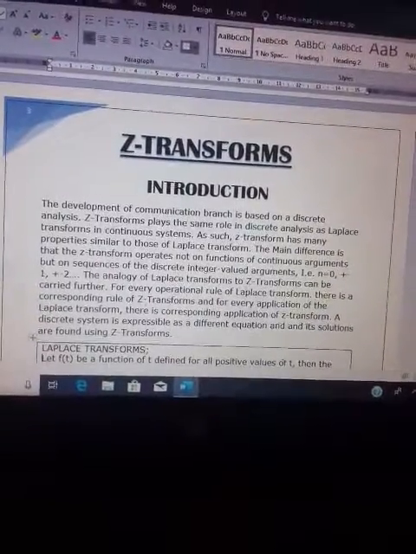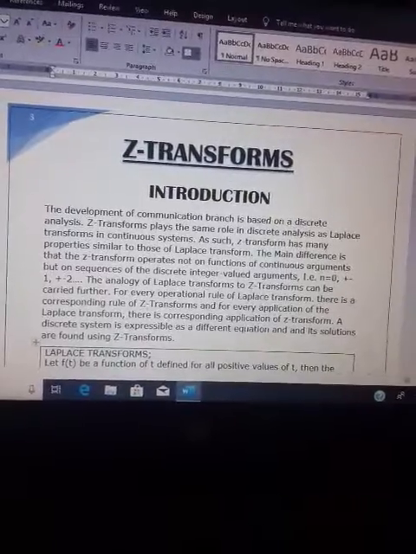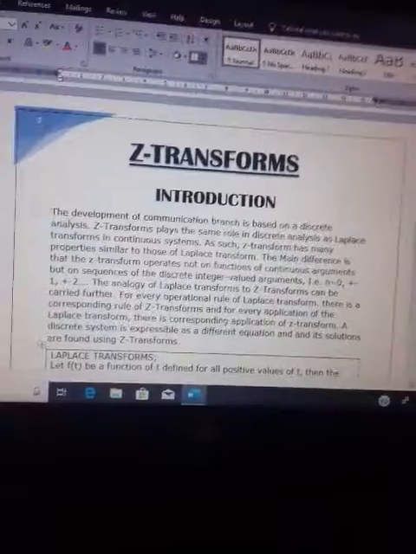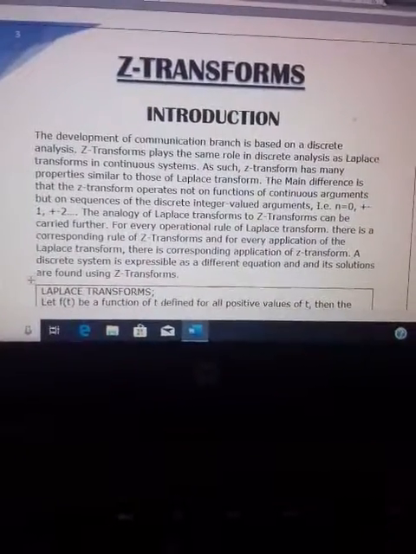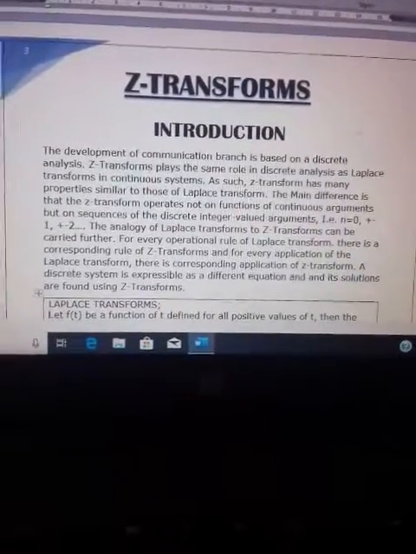Z transform plays an important role in discrete analysis and may be seen as a discrete analog of the Laplace transform. The role of Z transform in discrete analysis is almost the same as that of the Laplace and Fourier transform in continuous systems.